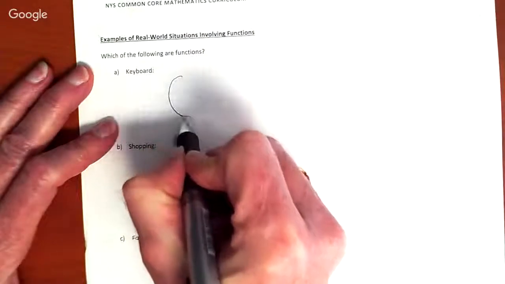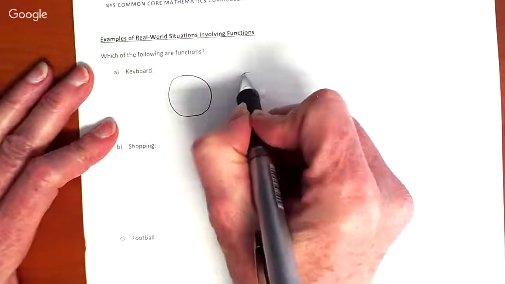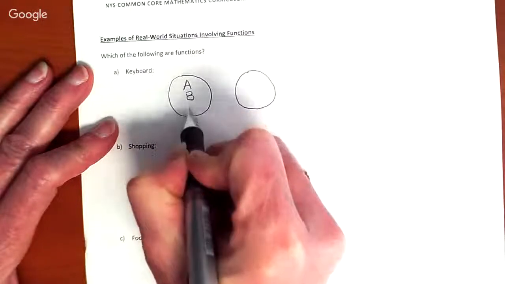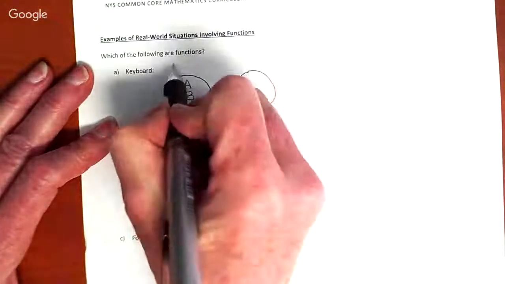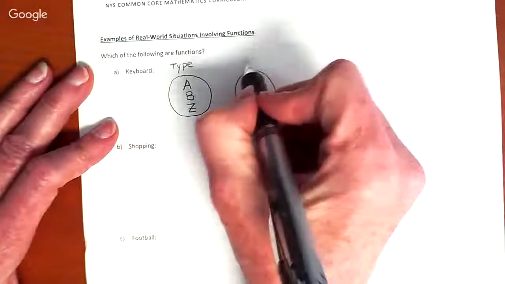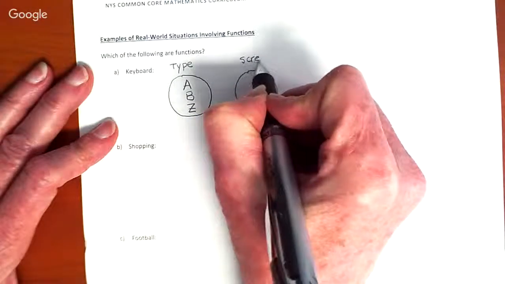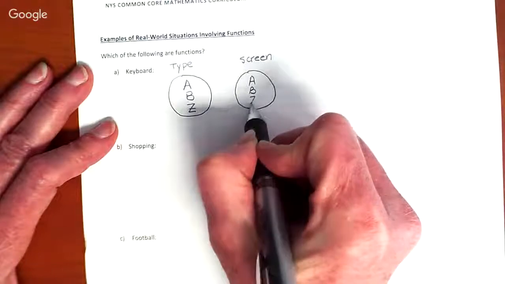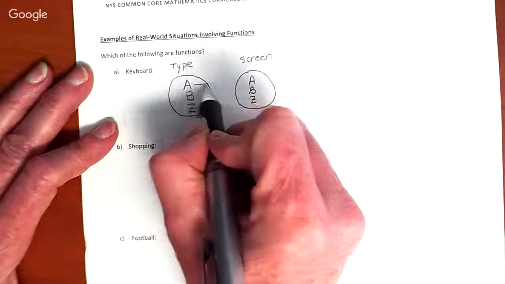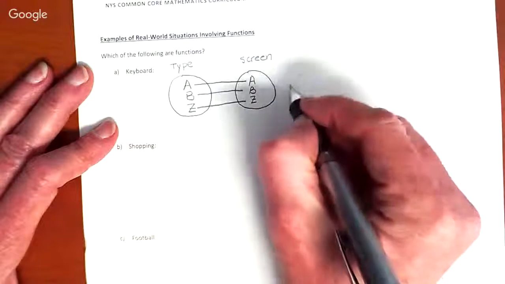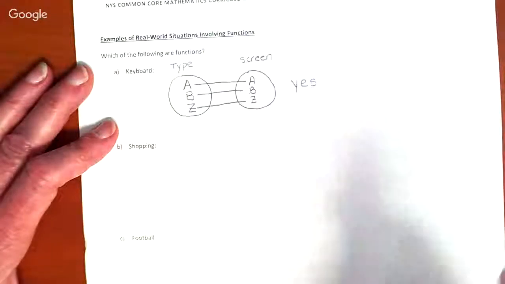Well, for a keyboard, if I were to type on a keyboard the letters A, B, and Z, on the screen, you would have A, B, and Z. So you would have A to A, B to B, and Z to Z. So the answer is yes. So that would be a function.